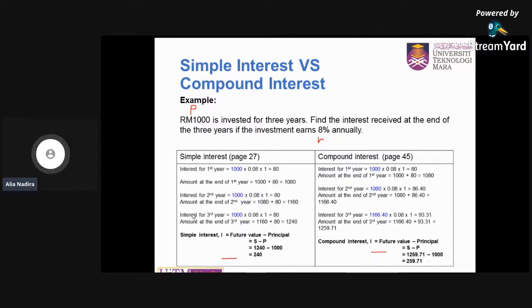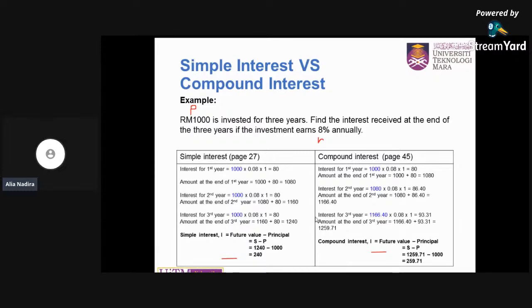Same goes for the third year: 1000 times R times T is 80. The amount at the end of the third year is 1160 plus 80, so we have 1240. If you want to calculate the interest I, you take S minus P, the future value minus the principal, and you obtain 240.